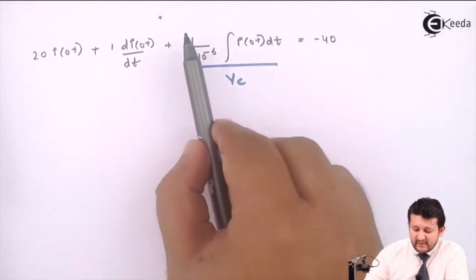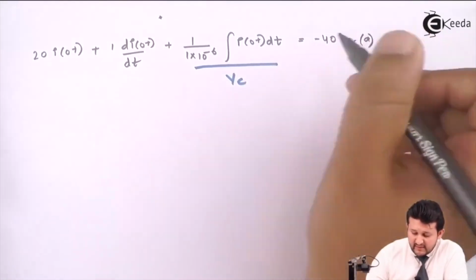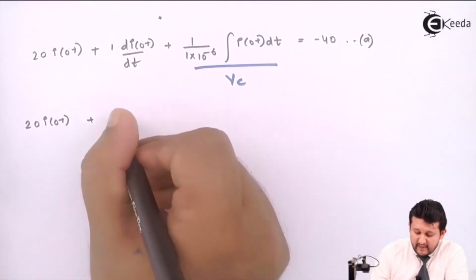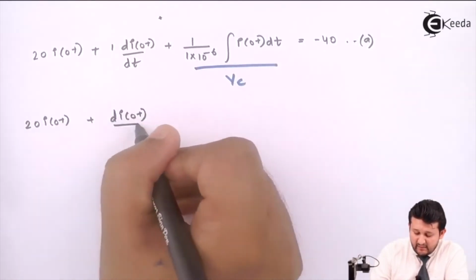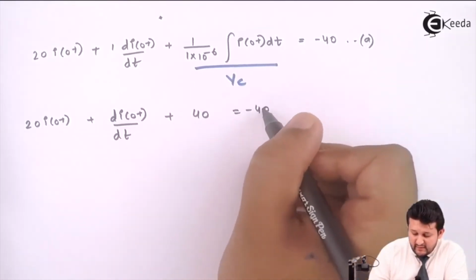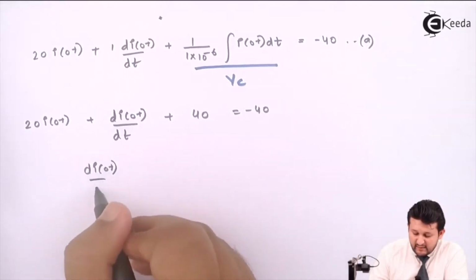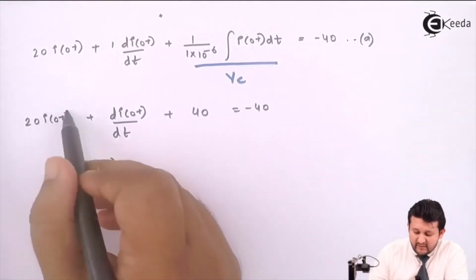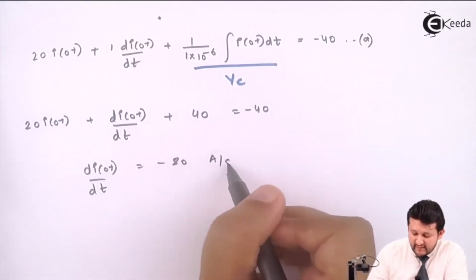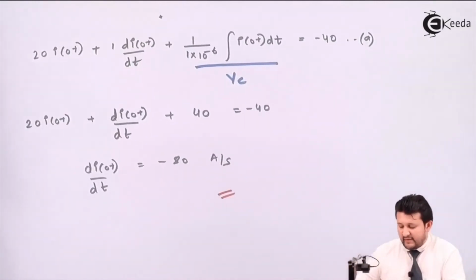The equation which you will get, term this equation as A: 20 i of 0 plus, di of 0 plus upon dt, plus 40 equal to minus 40. Shift everything to that side, so you'll get the value for di of 0 plus upon dt. The i of 0 plus value which you got is 0. So the value you will get is minus 80 amperes per second. That's the value which you got by solving.